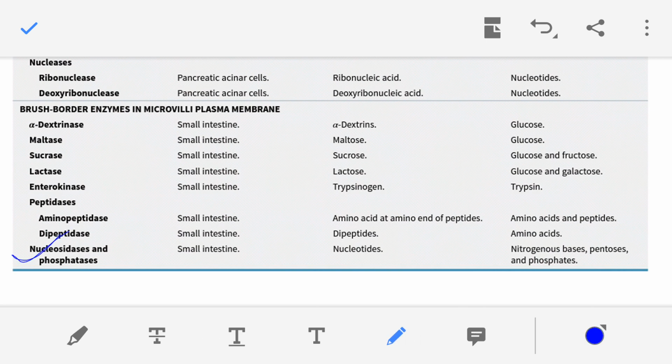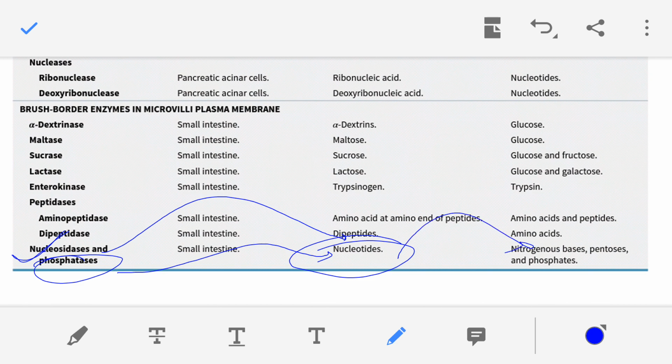Then nucleosidase and phosphatase act on nucleotides. So in the digestion of nucleotides, ribonucleotide and deoxyribonucleotide, they produce nitrogen bases, purine and pyrimidine: adenine, guanine, cytosine, thymine, uracil.